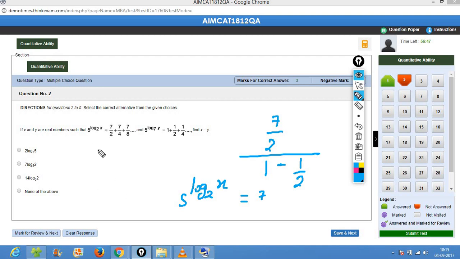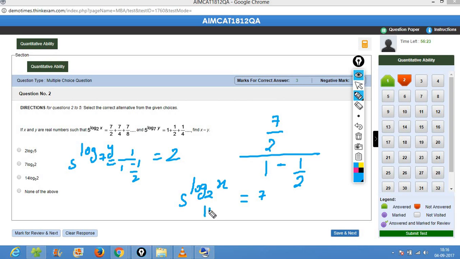Similarly, the next part will be 5 raised to log 7y is equal to, this is 1 plus half, so 1 upon 1 minus 1 by 2, that is 2.